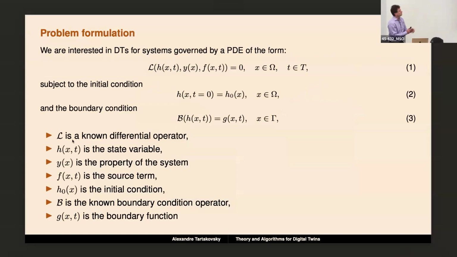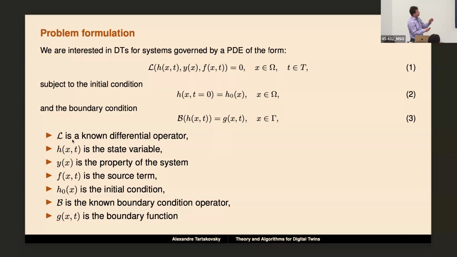Okay, so let's define the problem mathematically. We assume that our physical twin can be described by this partial differential equation. Here L is a known differential operator acting on H, which is the state variable.